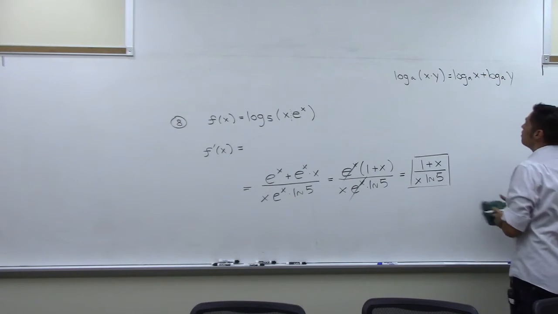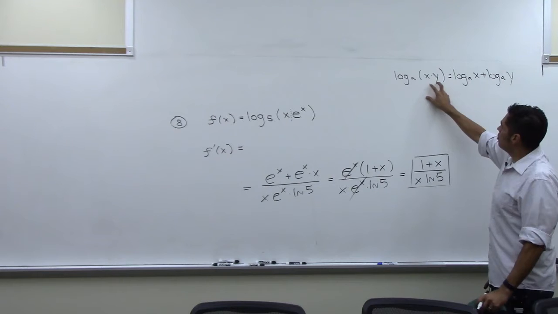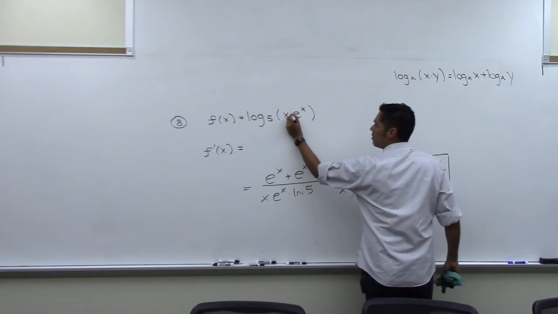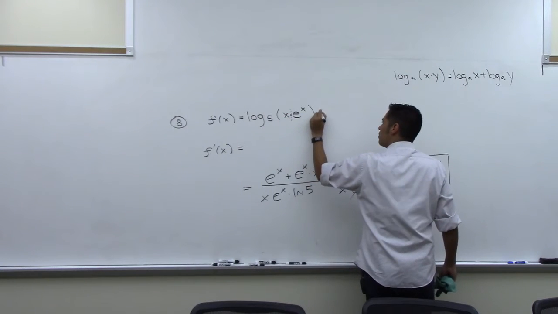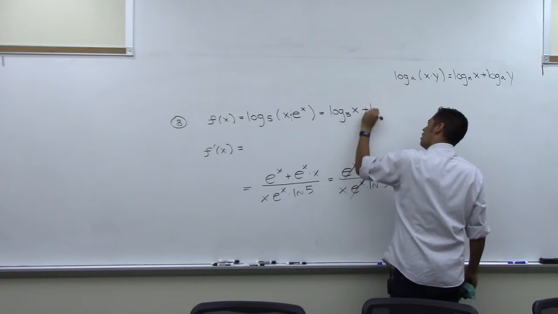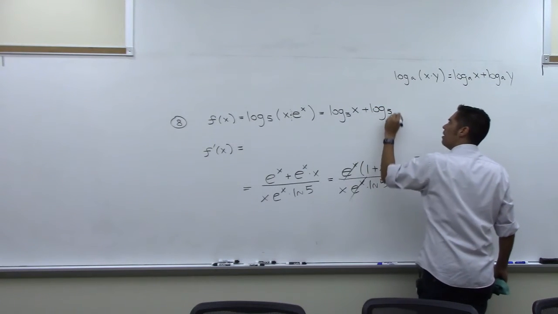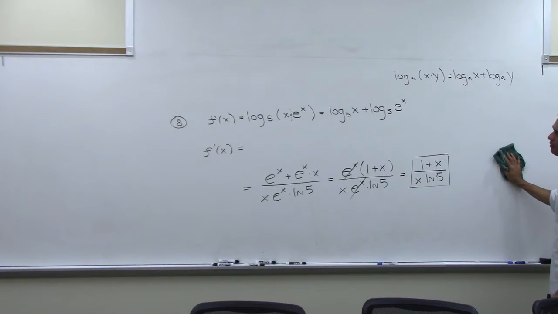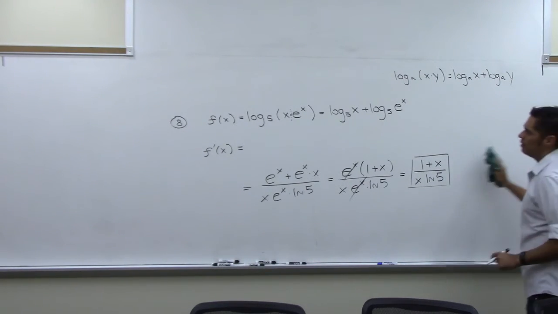So it says that you can split, if you have one log with multiplication, it splits into 2 logs with addition. So there's my multiplication inside a log. So I can rewrite this as log base 5 of the x plus log base 5 of the e to the x. Right? I'm going to leave this right here.